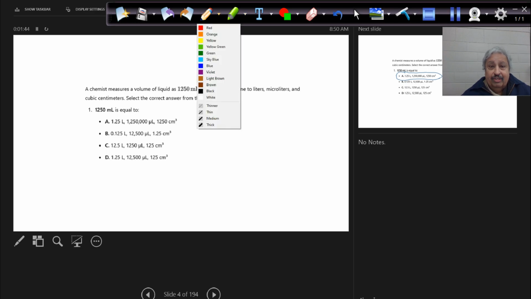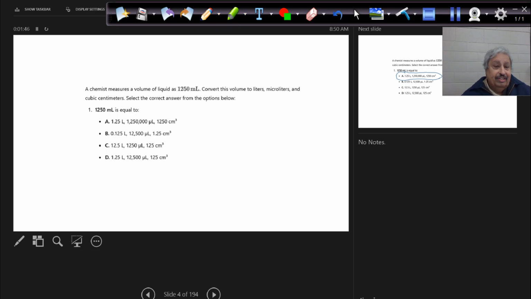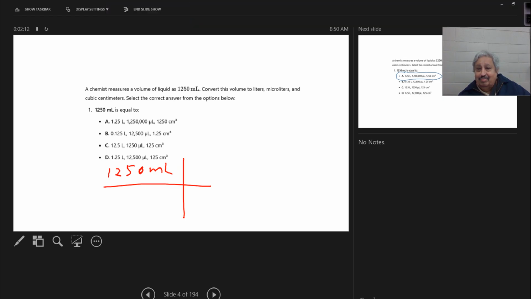So in order to get around this one, use the method I showed you before. So I will start with 125 mL. Yes, you can see. Well, I don't know what's happening here. I can see it from my part and you can see it in your part.